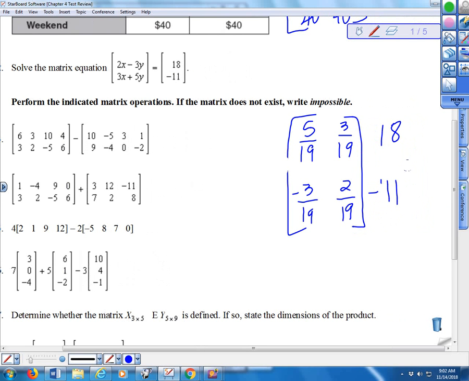Kind of clean that up here. Still with me? So I'm going to take 5 19ths times 18.